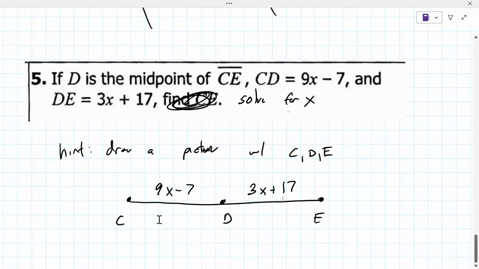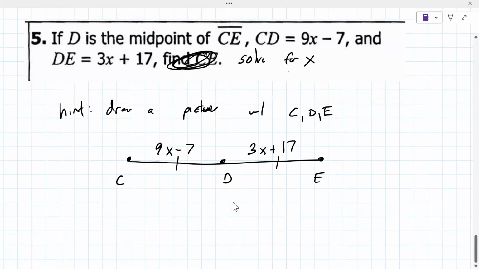So if D is the midpoint, what does that tell you about CD and DE? They're congruent, or they equal, yeah. So what can you do with these two expressions if they're congruent? They're equal to each other. Exactly. Good.